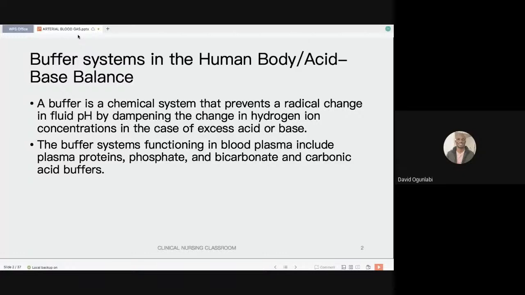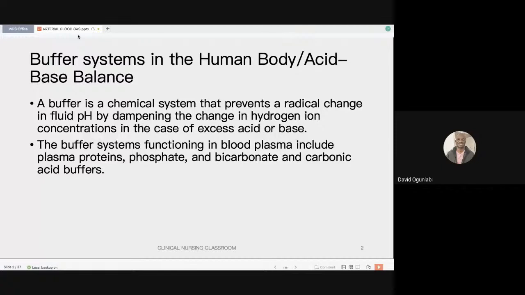And in this case, we are talking about the acid-base balance. That is, the body has a tendency of tilting towards acidosis, and the body has a tendency of tilting towards alkalosis. So when the body senses these extremes, the buffer system comes into place to bring about a balance.